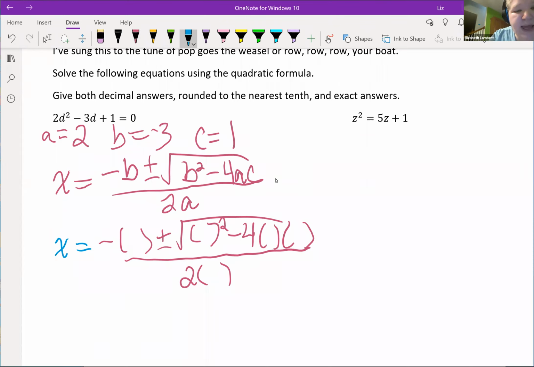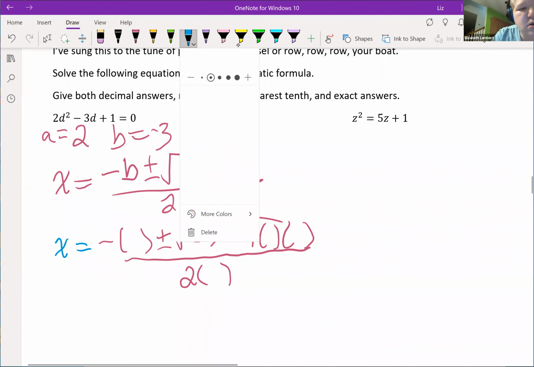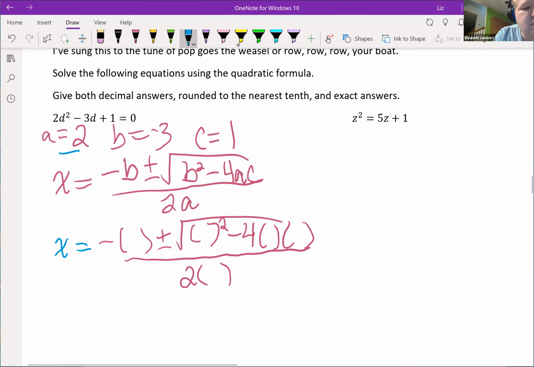So now a shows up. Let me go with blue here. It's right here and right here. So we're going to put a 2 here and a 2 here. And the b is -3. b shows up in 2 places.